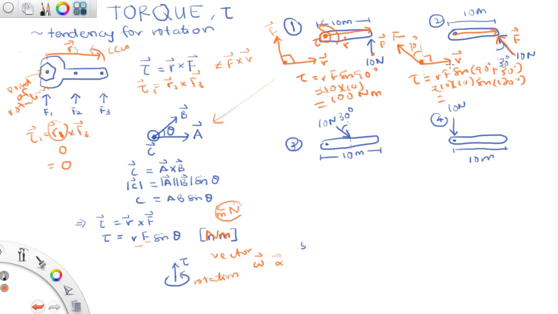Sine 120 is 0.87. So you multiply by 100, and you have 87 Newton meter. And then what's the direction of rotation? If you give force here, of course it will rotate like this, and the torque is also out of the page.